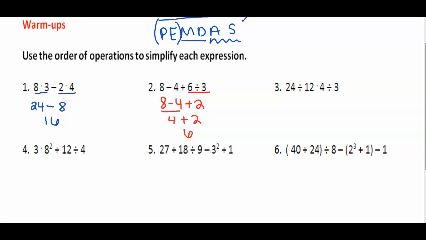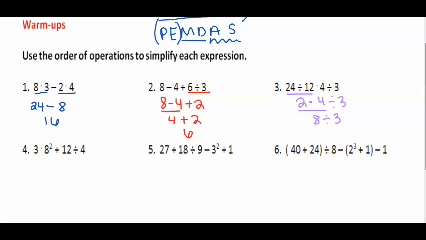And number 3, there's no parentheses or exponents. So left to right, we start by dividing. 24 divided by 12 is 2. So we're going to bring down the times 4 and divide it by 3. Left to right, 2 times 4 happens first. So then we have divided by 3.